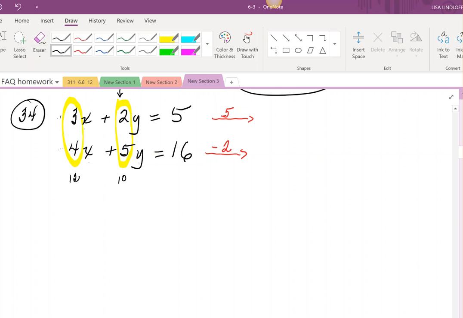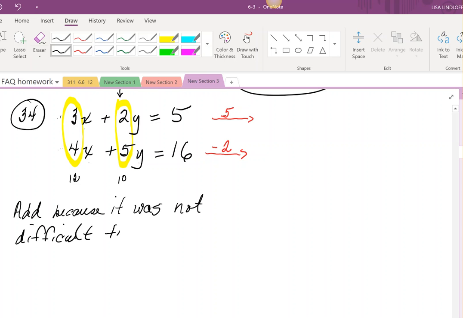Okay, I need to stop for just a minute. I chose addition because it was not difficult to make opposite coefficients on the y's.